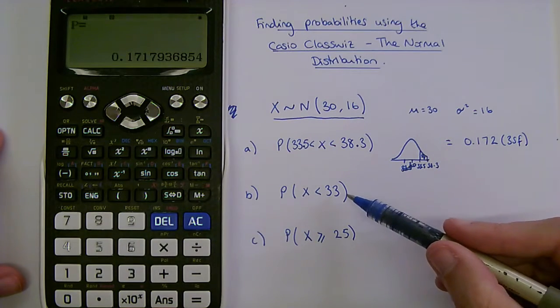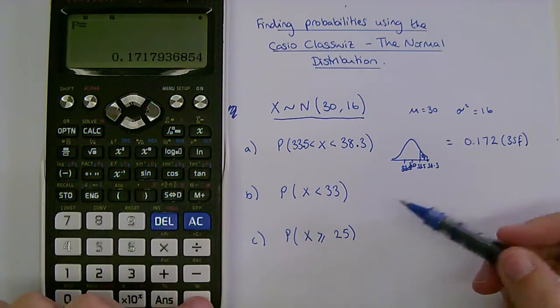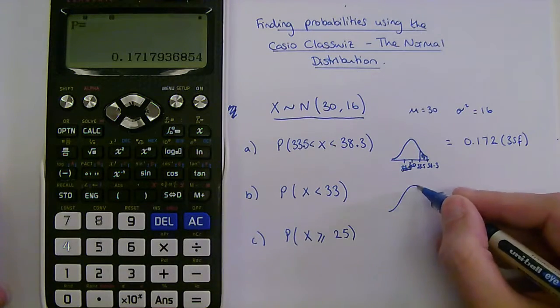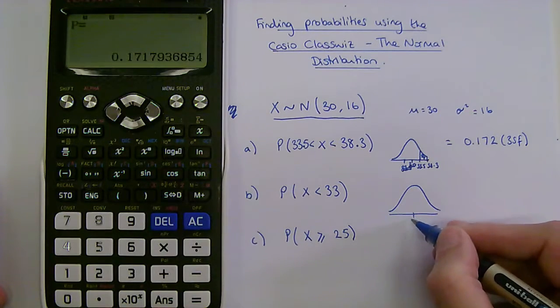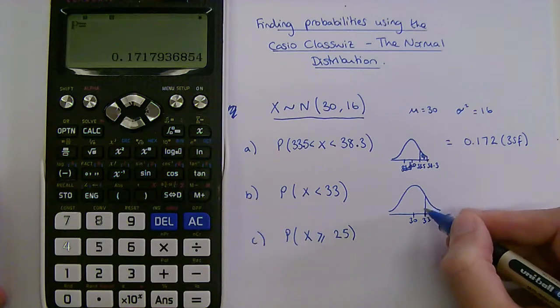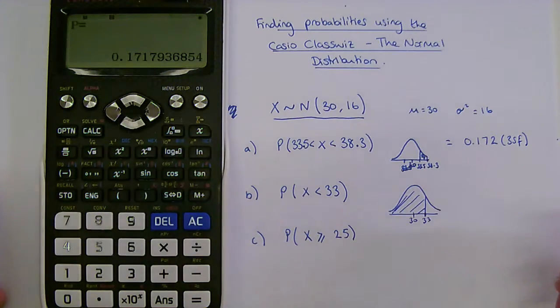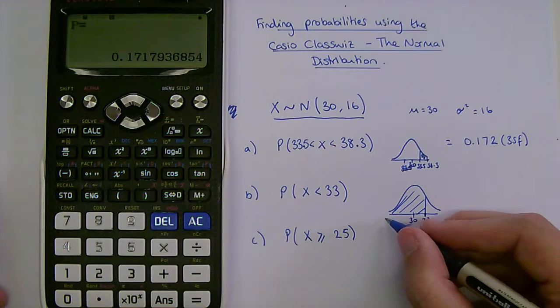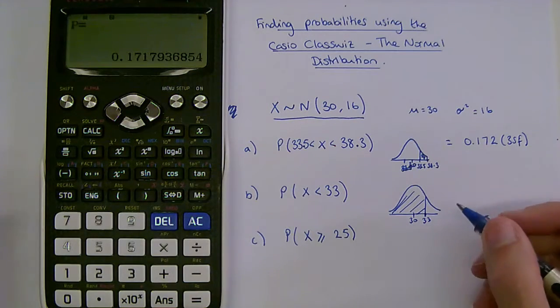For question B, we need to do something slightly different. This time, we've got 30 in the middle here. It wants the area up to 30, so all of this. So we need to put a really small number in here.